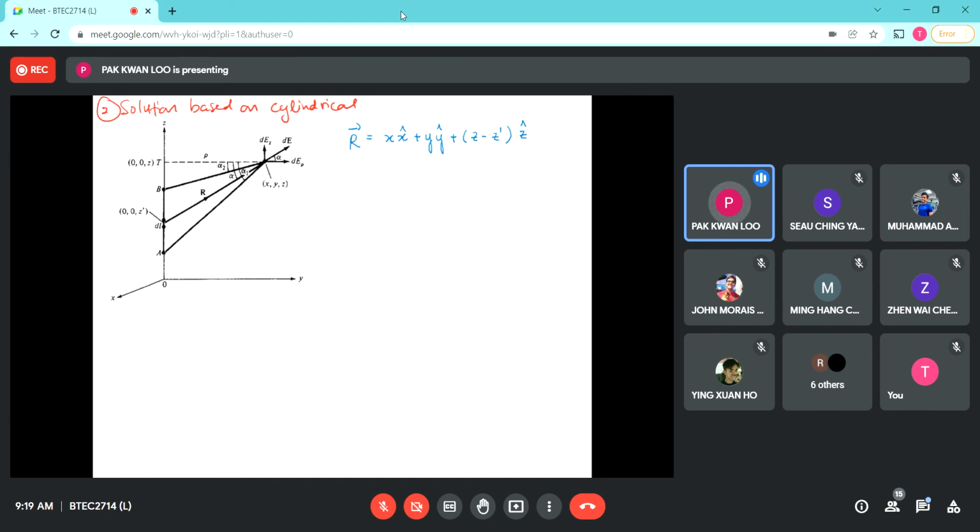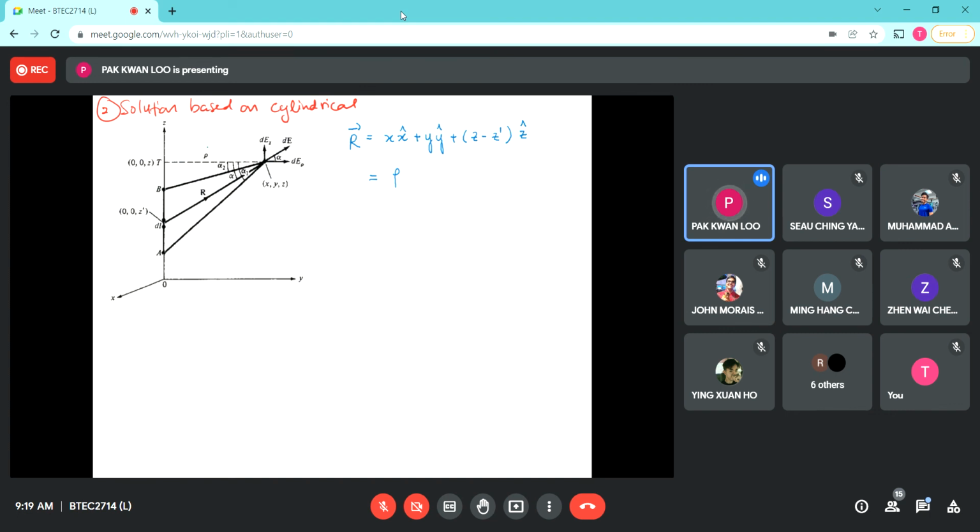So how are we going to change it to cylindrical at this point here? I can easily say that this is actually rho or R. So this is rho, which is the radius, which is given already.